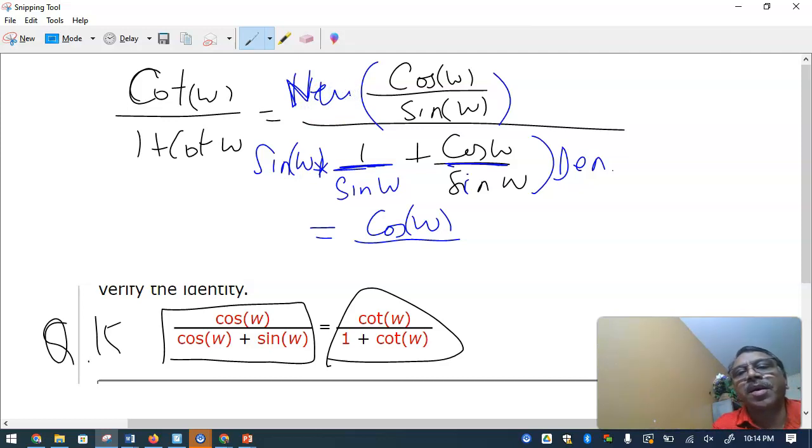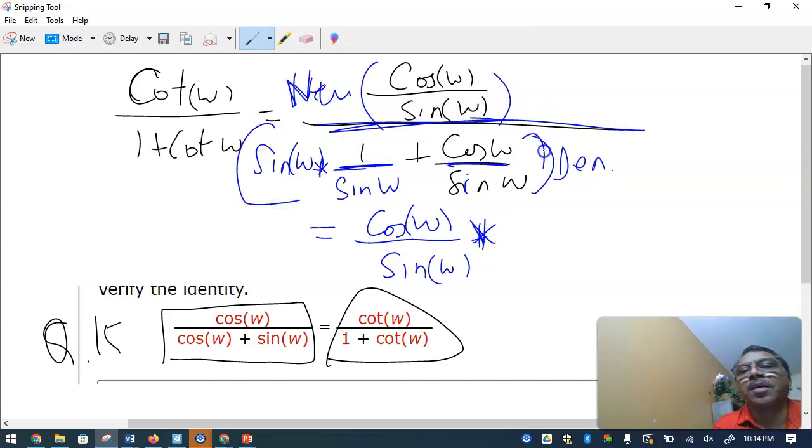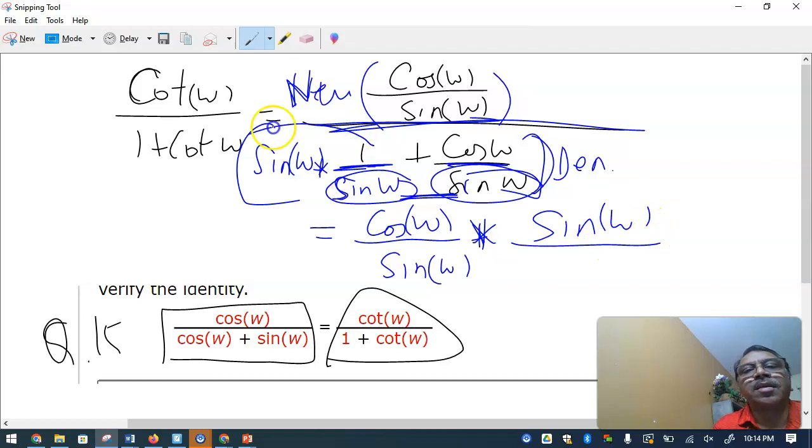It's always like keep, change, flip. So I'll keep the numerator as cosine of this one. The division sign changes to multiplication, keep change flip. And at the same time, remember there's a sine here with the common denominator sine. That goes up, and this thing will go down.